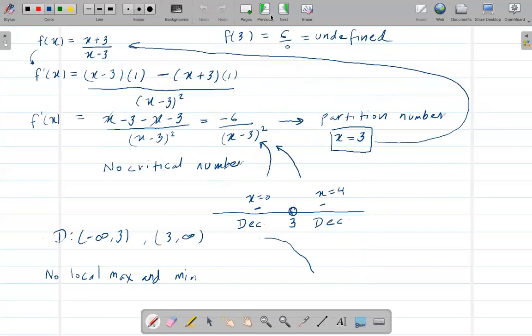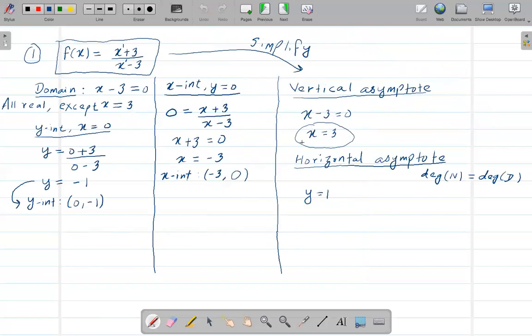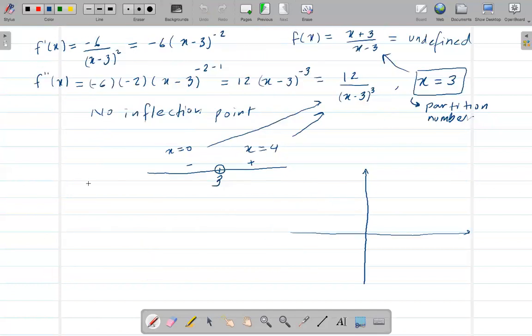The vertical asymptote is x is equal to 3, and the horizontal asymptote is y is equal to 1. So x is equal to 3, so 1, 2, 3, will be a vertical line that goes through this 3, and the horizontal asymptote y is equal to 1 is a horizontal line, something like this, right?